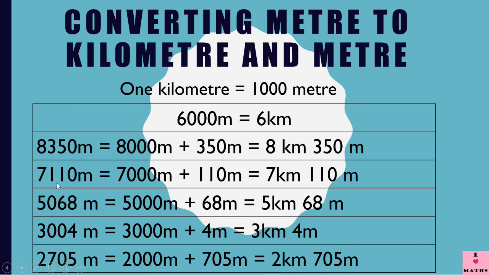Here also 110 meter and 7 kilometer, 68 meter and 5 kilometer, 4 meter and 3 kilometer, 705 meter and 2 kilometer. I hope you would have understood how just by looking at it you can quickly make out how many kilometers and meters are there.